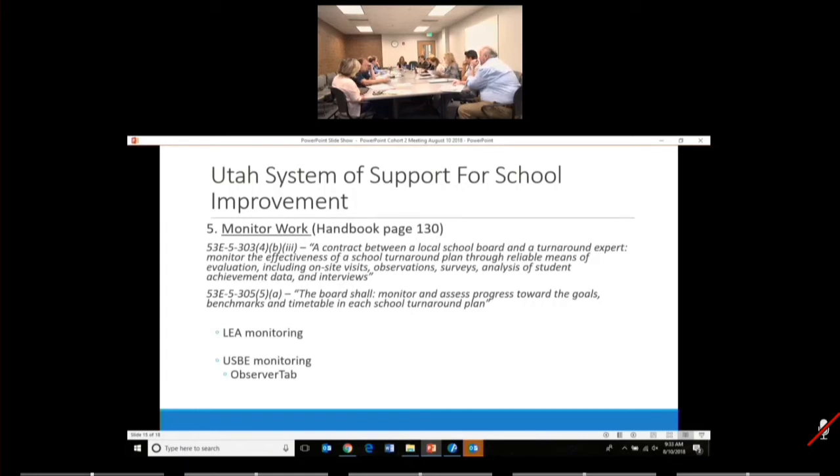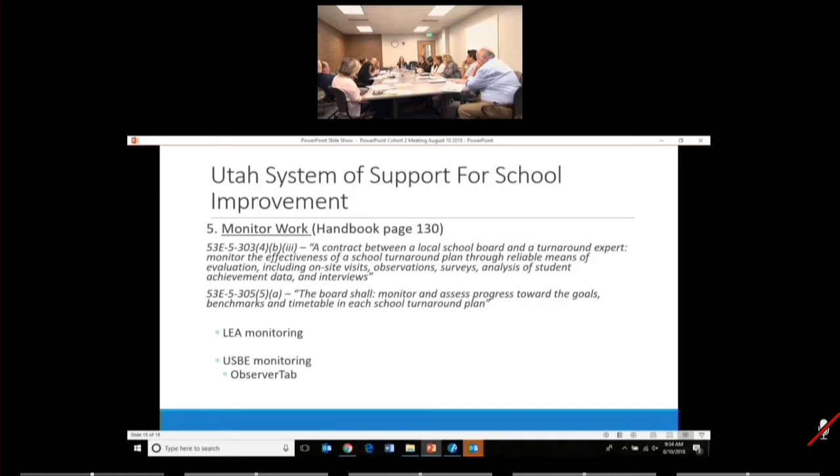It isn't brought up in the rule, but the bill specifies in these particular sections that once you've selected your turnaround expert partner, one of the things included in that contract is that they will monitor the effectiveness of a school turnaround plan through reliable means of evaluation, including on-site visits, observations, etc. Then in a subsequent section it says that the board, meaning this agency, USBE, will monitor and assess progress towards the goals, benchmarks, and timetable in each school turnaround plan.